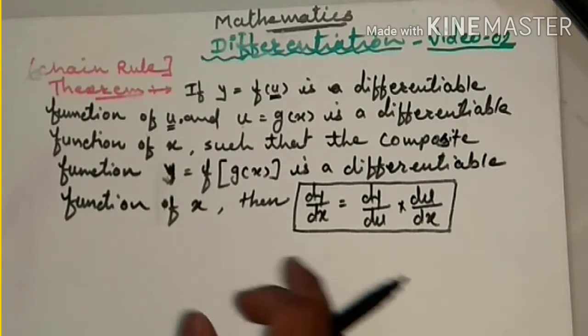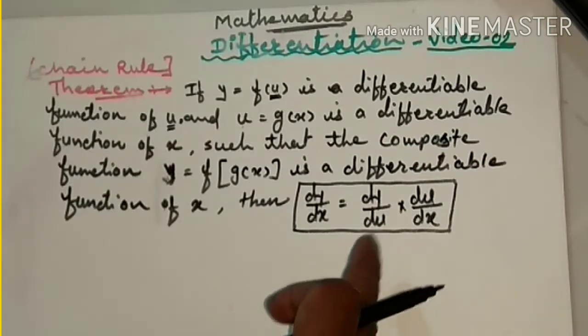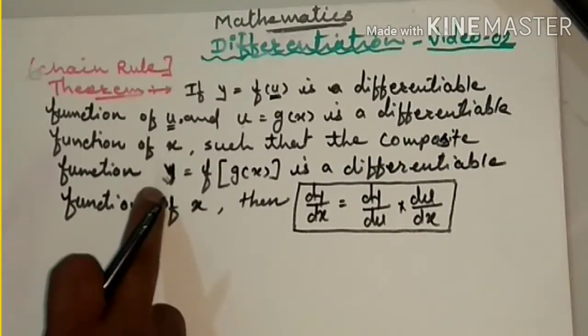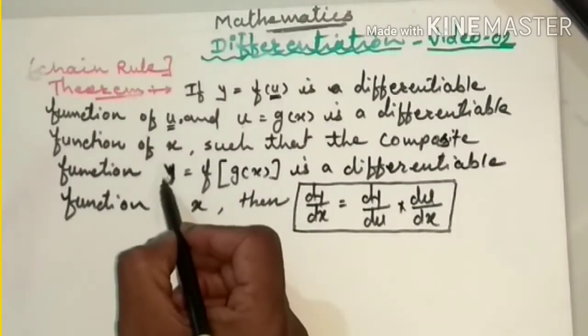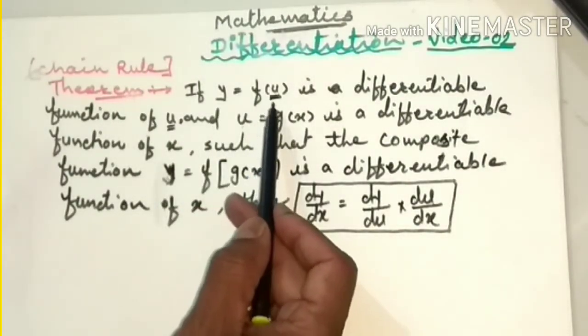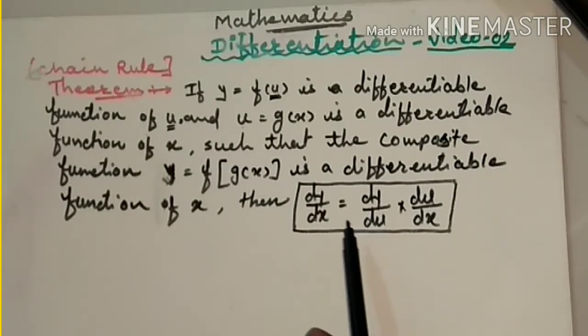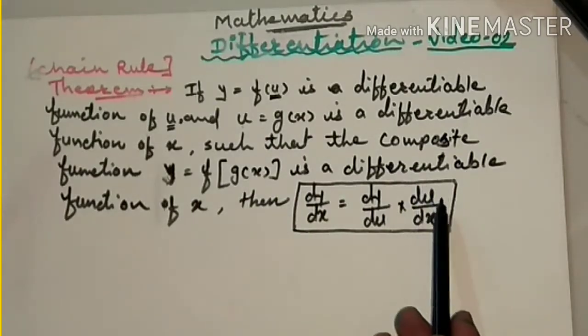Now we are going to prove that if we want to find dy by dx, then it will be equal to dy by du into du by dx. First of all, friends, we need to understand the meaning of a composite function. This is one of the best examples of a composite function. Y is given in u, so we can find dy by du, because y has been given in u. In the same way, u is given in x, so we can find du by dx.